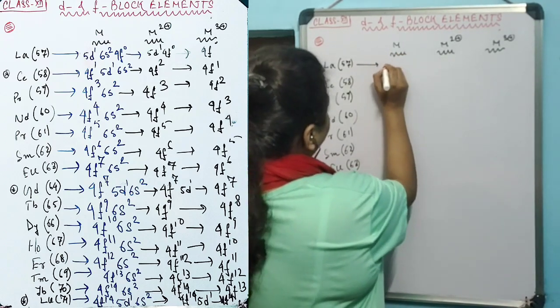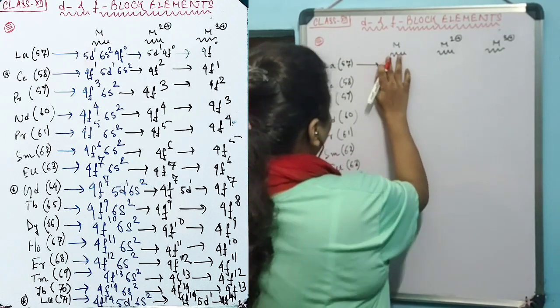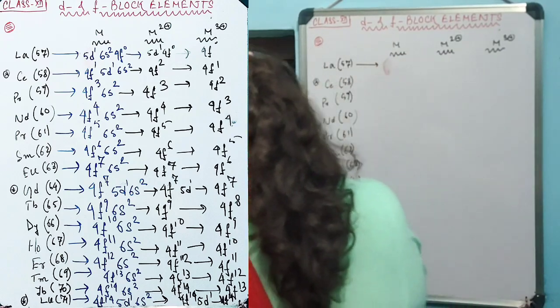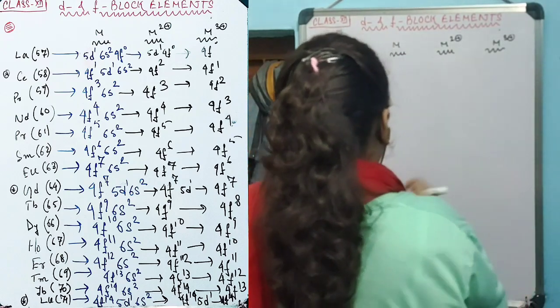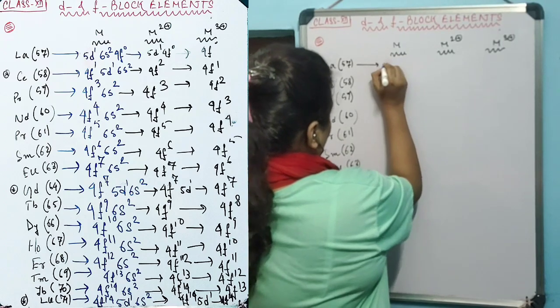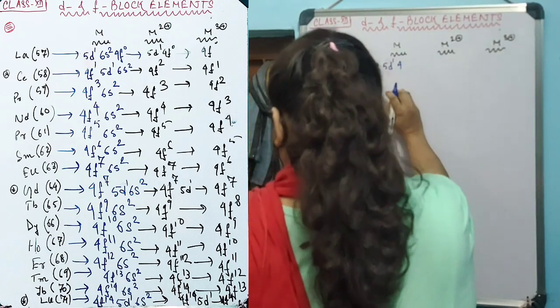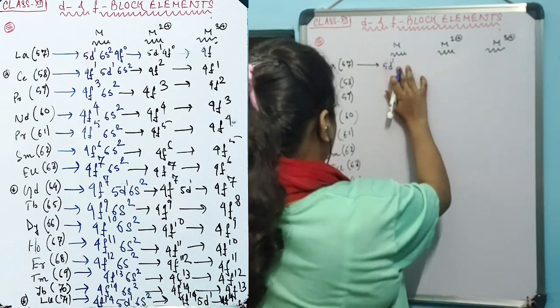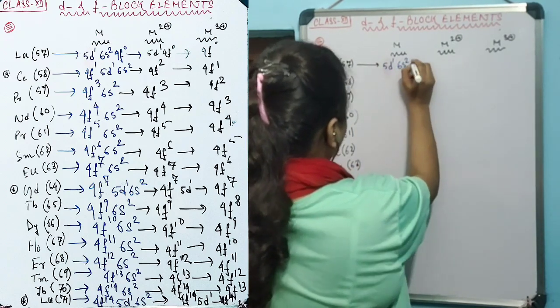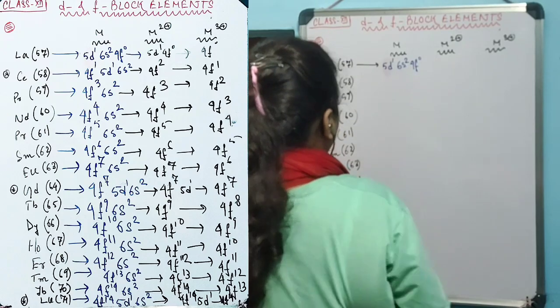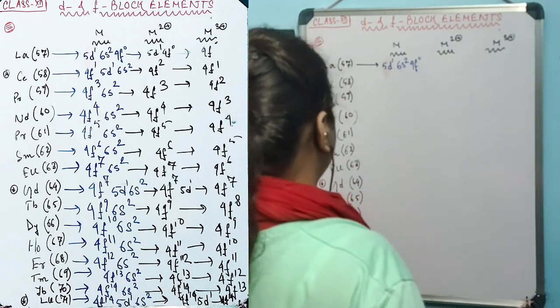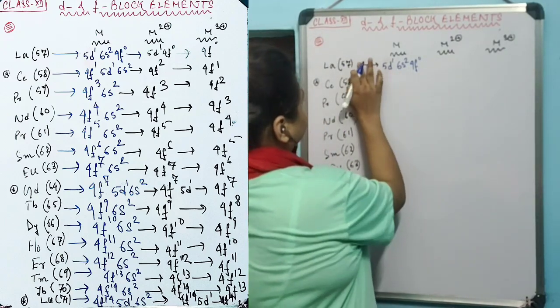For lanthanum, it is 5d1 6s2 4f0. This is the electronic configuration for lanthanum.